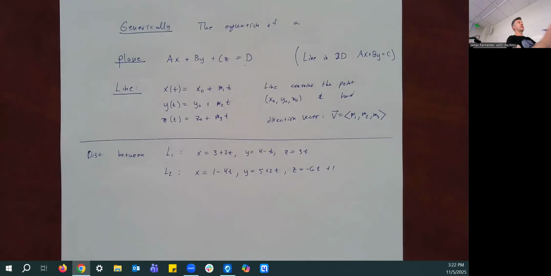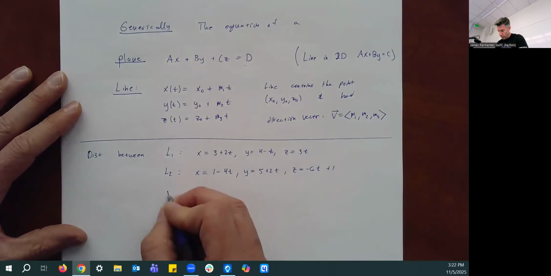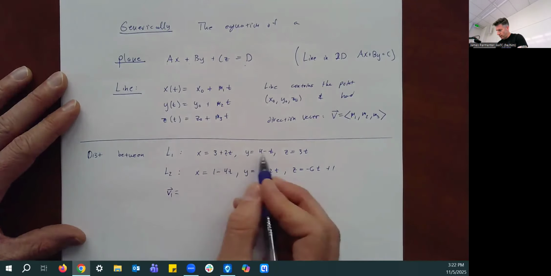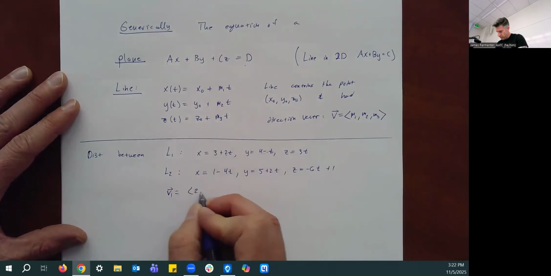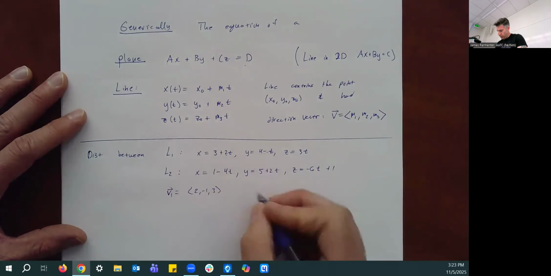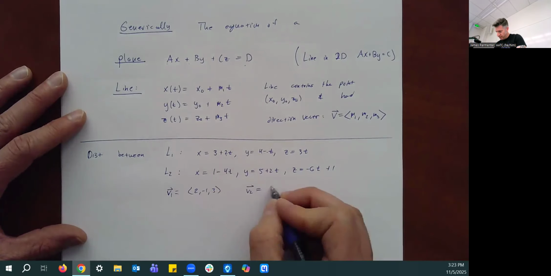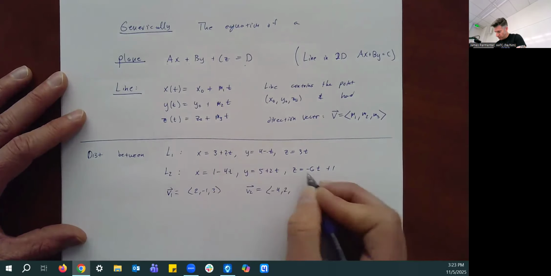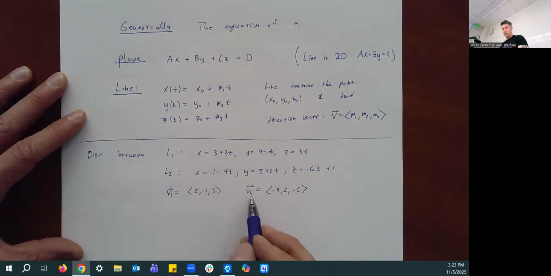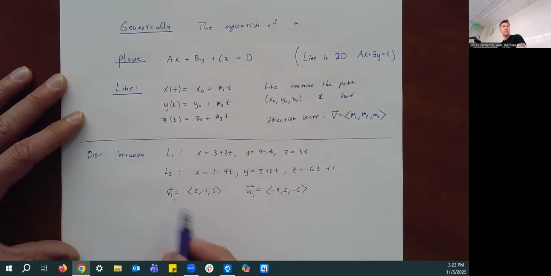The way we can see that these lines are parallel is that their direction vectors are multiples of each other. Your v1 is (2, -1, 3), and your v2 is (-4, 2, -6). And v2 is just negative 2 times v1.